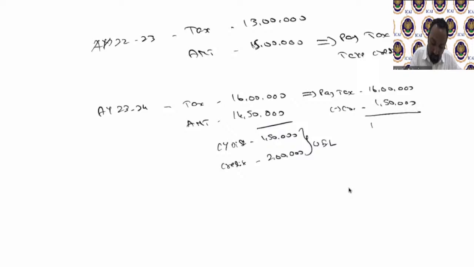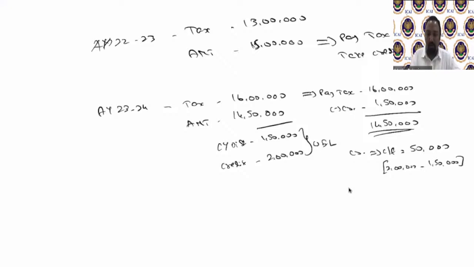So now I will pay 14,50,000. So my credit carried forward will be how much? 50,000. That is nothing but 2 lakh minus 1,50,000, which is utilized. So this is how I'll have to take it.